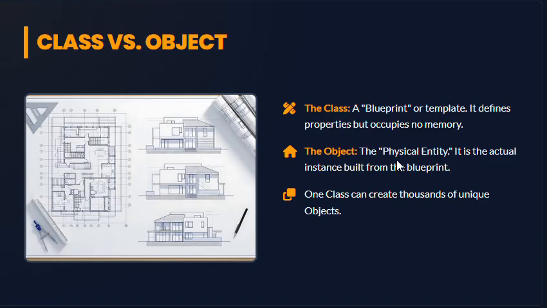An object is the physical entity, the actual house built from that blueprint. It occupies real space in your computer's RAM. Remember, you can use a single blueprint to create thousands of unique houses. That is the power of classes.